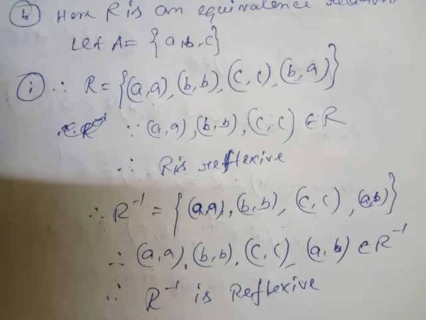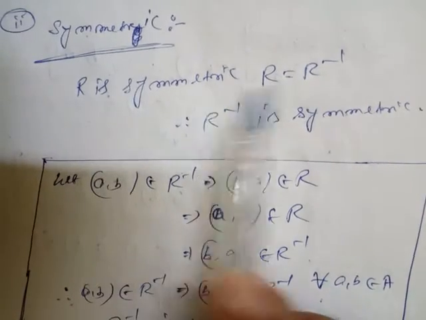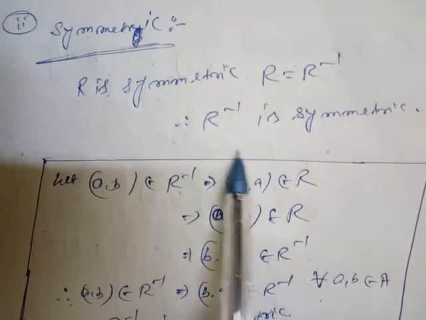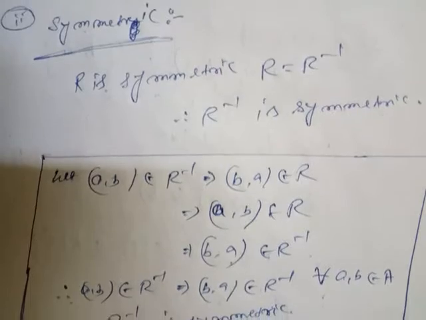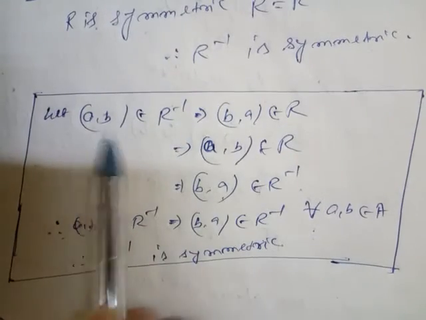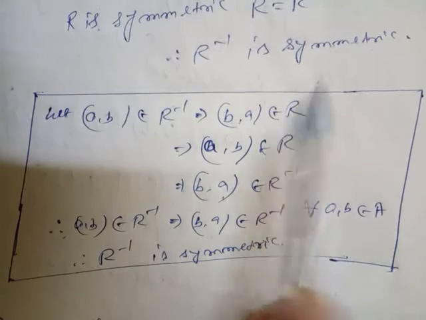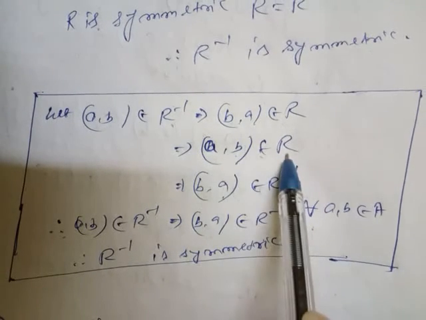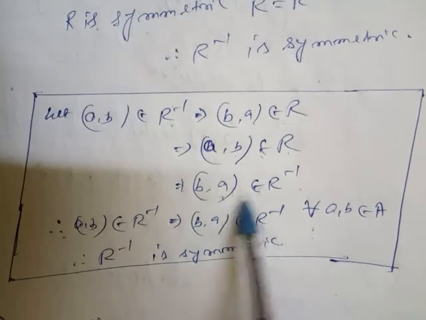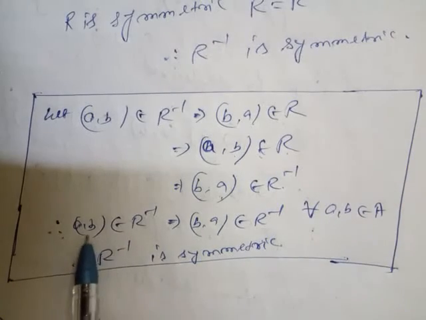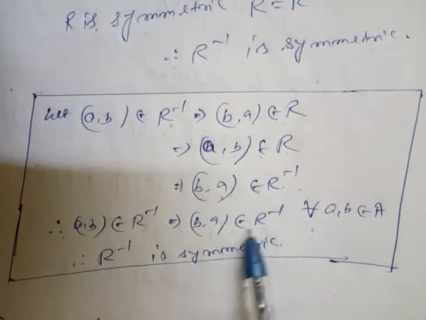Now look, the symmetric part. Student, in the symmetric part, the R is symmetric, which means R equal to R inverse, so R inverse is also symmetric. This is the basic concept. Now look, here let (a, b) belongs to R inverse, then (b, a) belongs to R, so this can be written (a, b) also belongs to R. Now if I want the inverse of this statement, which means (b, a) belongs to R inverse, now look, (a, b) belongs to R inverse here, and (b, a) also belongs to R inverse.